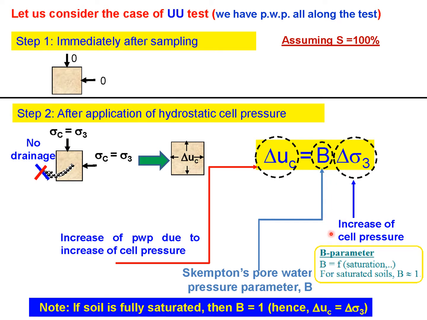This B is in fact a function of saturation. For saturated soils, B is nearly equal to 1. So if soil is fully saturated, then B is equal to 1. Hence, delta U sub C is equal to delta sigma 3.